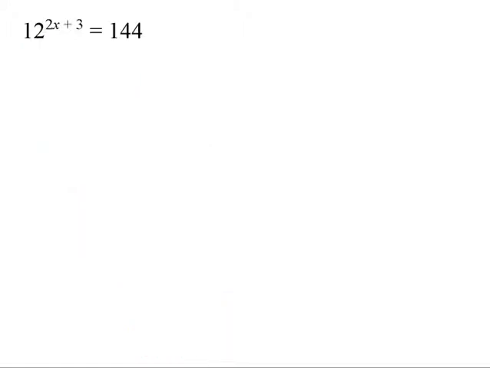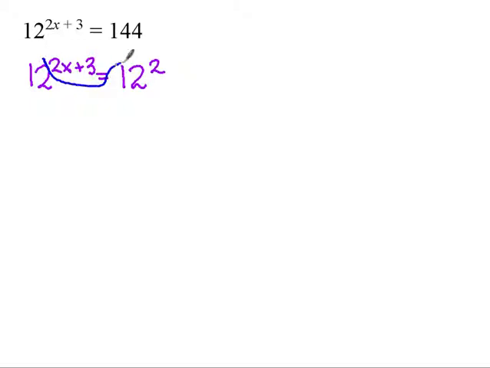And here you go. So I've got the numbers 12 and 144. What's the relationship? 12 times 12 equals 144. So in other words, 144 equals 12 squared. Over here I have 12 to the 2x plus 3. What do you do now?